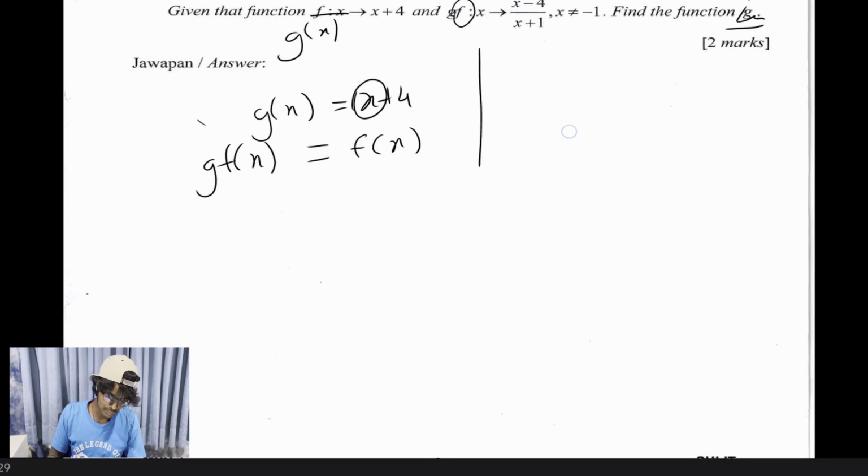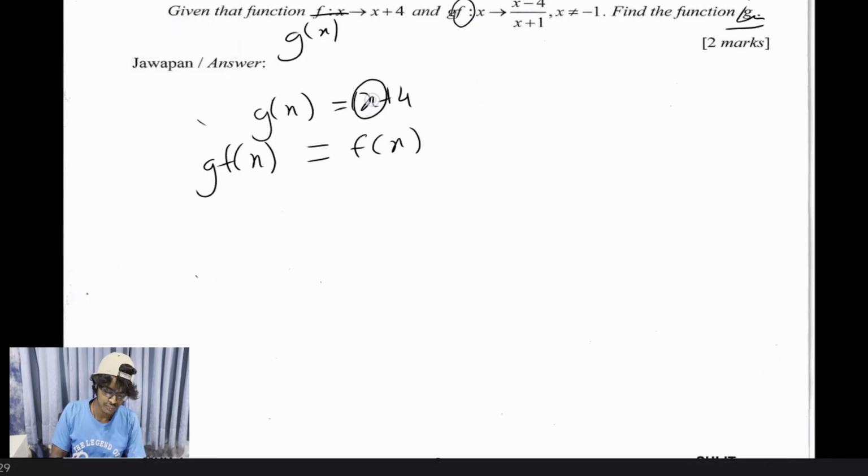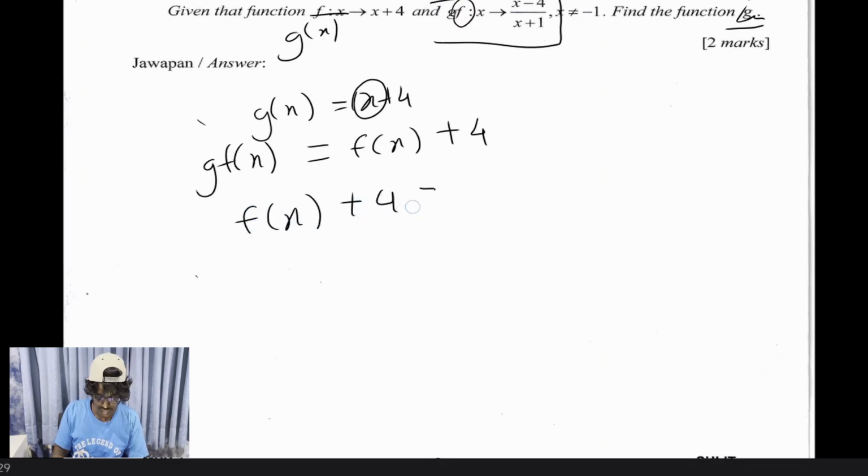That is why I am doing this. So x plus 4, we just turn the x into f(x) plus 4. And we know g(f(x)) is this value, meaning f(x) plus 4 is the same as (x minus 4) over (x plus 1).